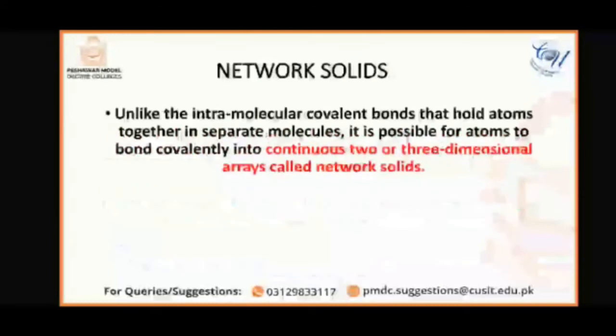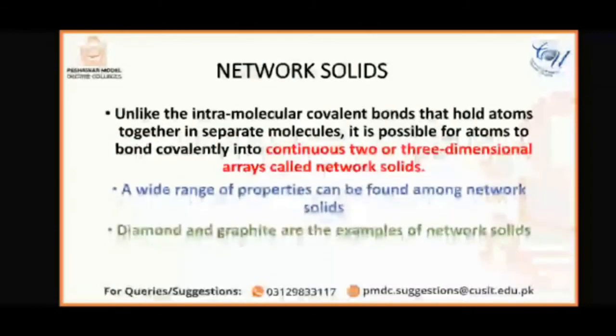Network solids. Unlike the intramolecular covalent bonds that hold atoms together in separate molecules, it is possible for atoms to bond covalently into a continuous two or three dimensional array called a network solid. A large range of properties can be found among the network solids. Diamond and graphite are examples.